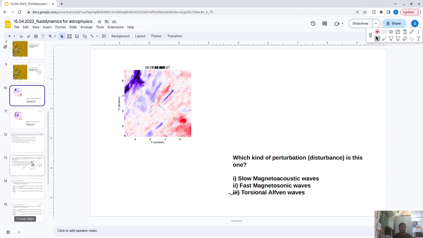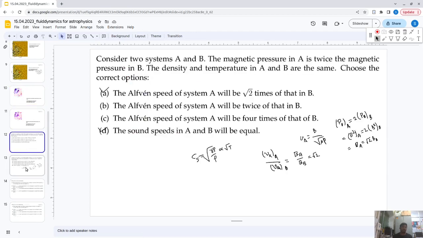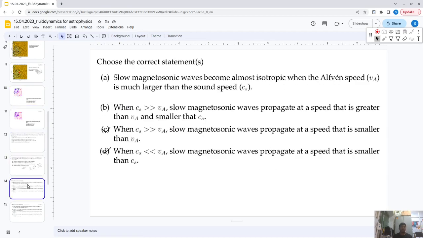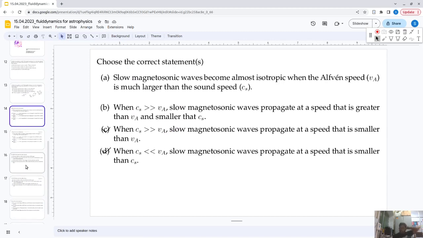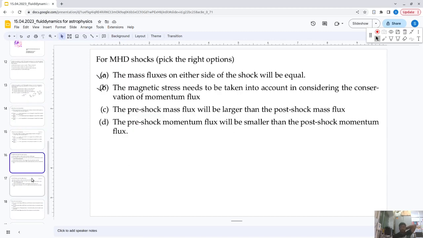Then we move on to some Alfvén wave calculations, and then to go to MHD shocks, we find some other properties of the shocked and unshocked regions. Now we have covered waves, we have covered shocks.